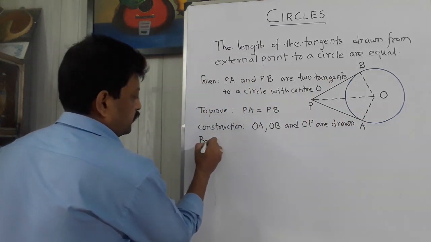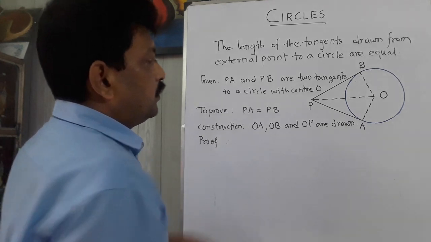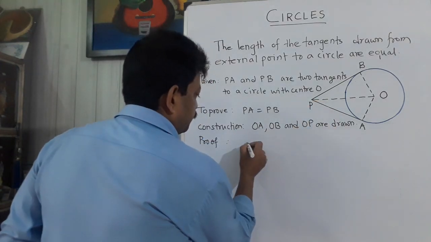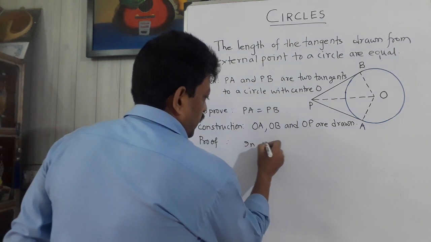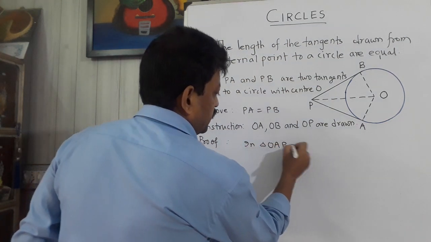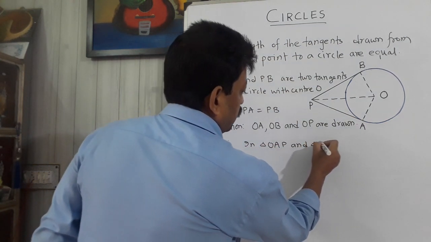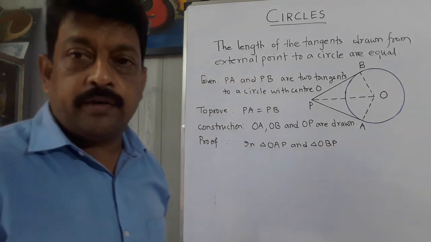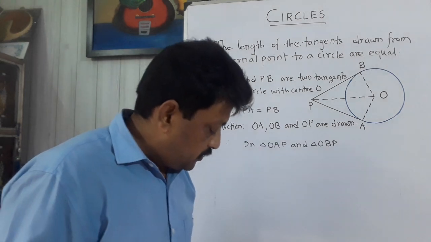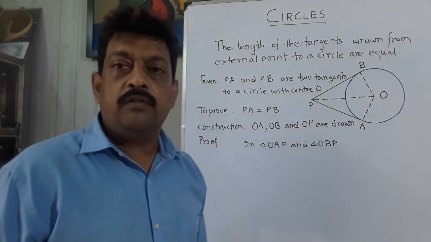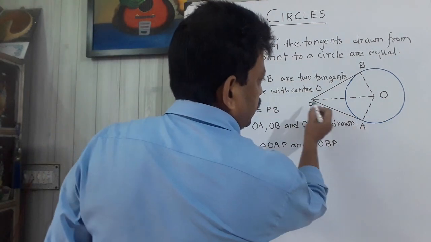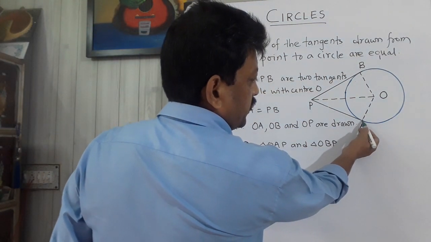Now the proof. Here we have two triangles, OAP and OBP. In triangles OAP and OBP, according to the first theorem, which says that the radius of a circle is perpendicular to the tangent through the point of contact. Here PA is the tangent and A is the point of contact.